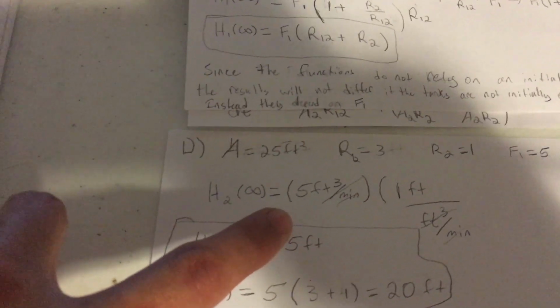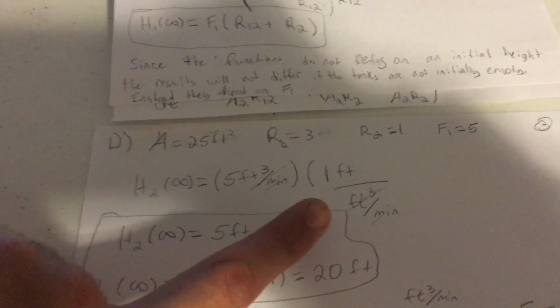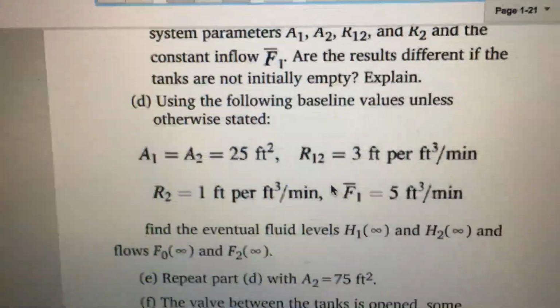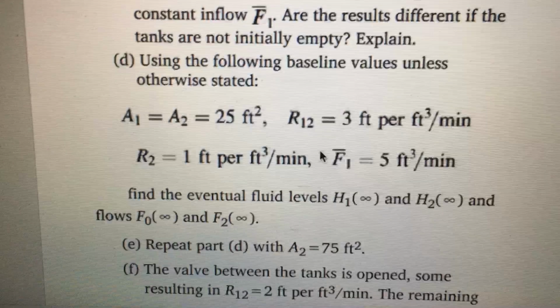The steady state value of the height of the water, well, 5 feet cubed per minute times the rate, which if you remember, the rate was described as 1 foot per feet cubed per minute. So that extra per there helps you out. That's what you need.